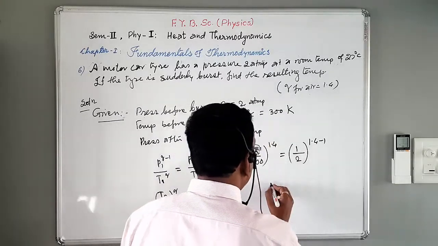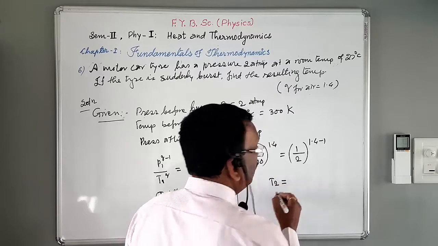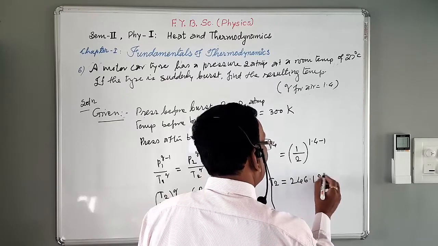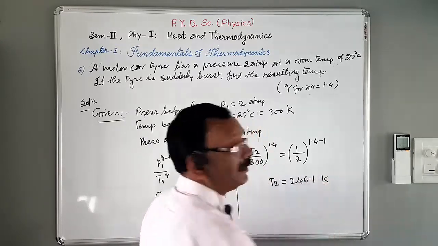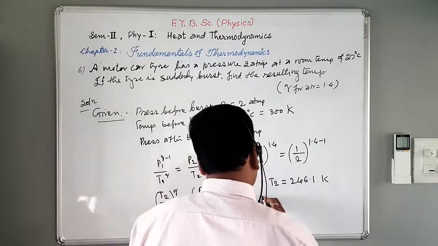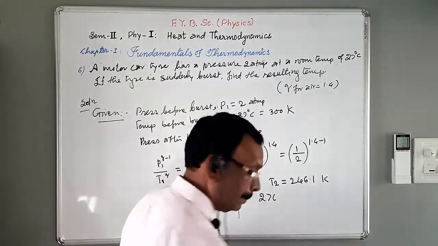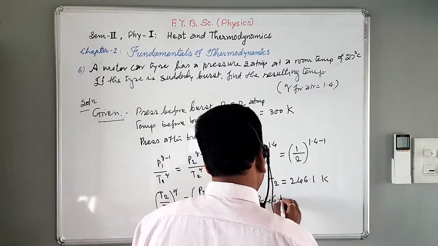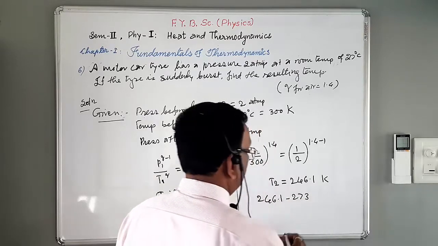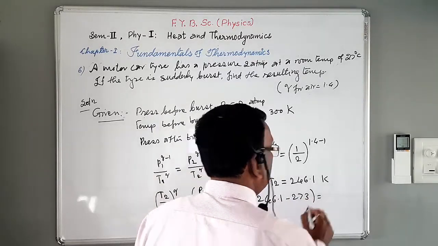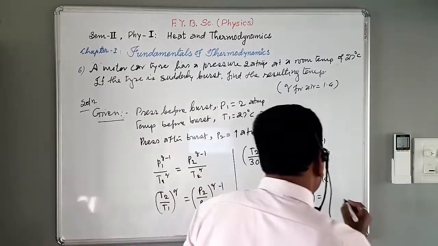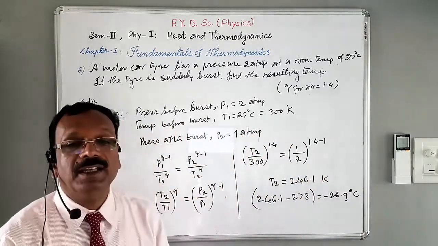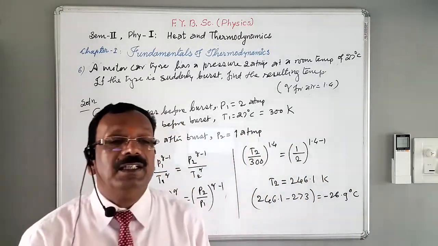When you rearrange and solve it, you will get the value of T2 equal to 246.1 Kelvin. This is the value in Kelvin, and 246.1 minus 273 is equal to minus 26.9 degrees Celsius. This is the final temperature when the tire suddenly bursts.